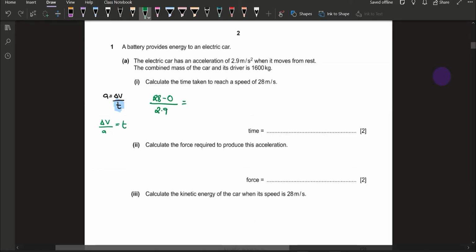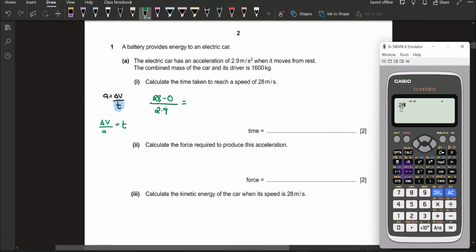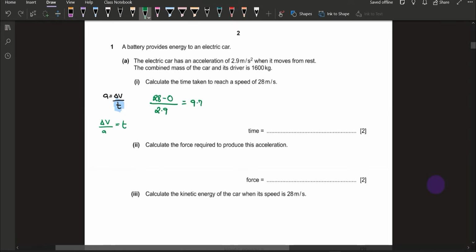So we get our answer as 9.655, which is approximately 9.70. So 9.70, and we can write our units also, which is seconds.